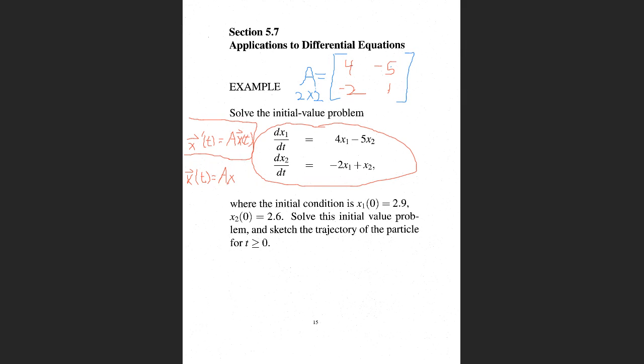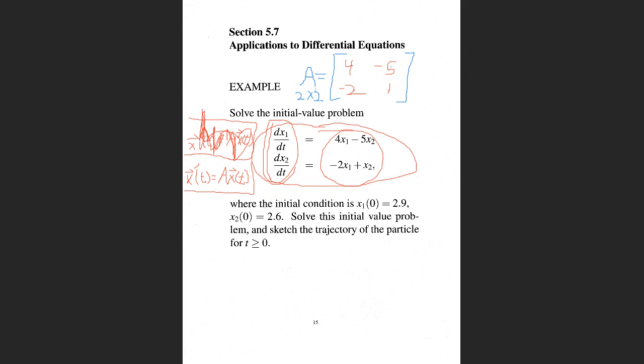So, x prime of t equals A times x of t. This is x prime of t here, and then A times x of t would come from the right-hand side.